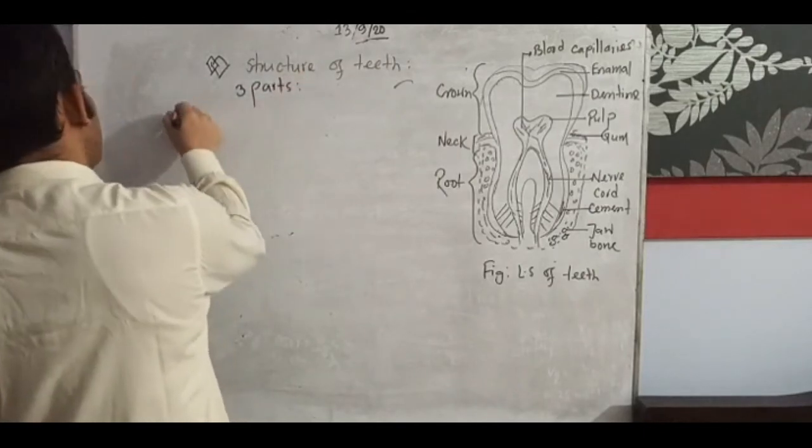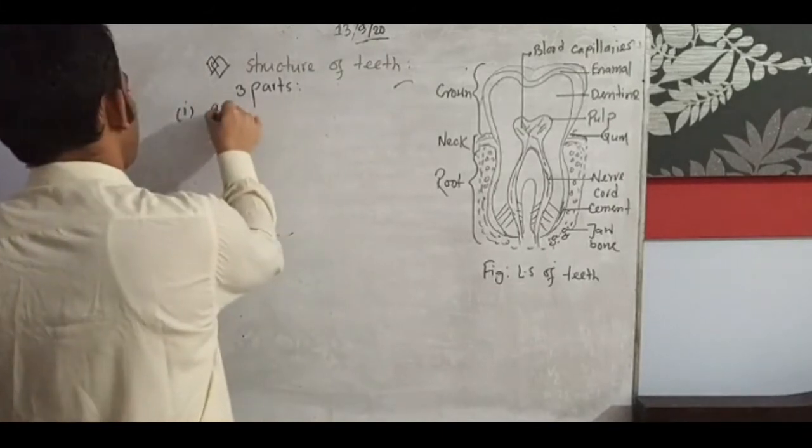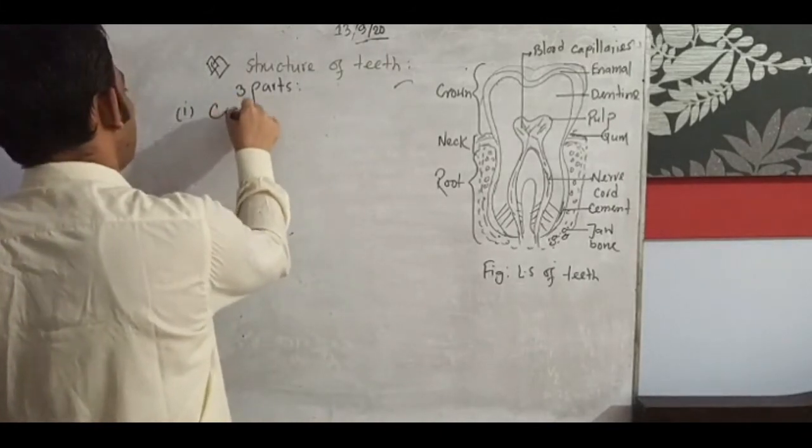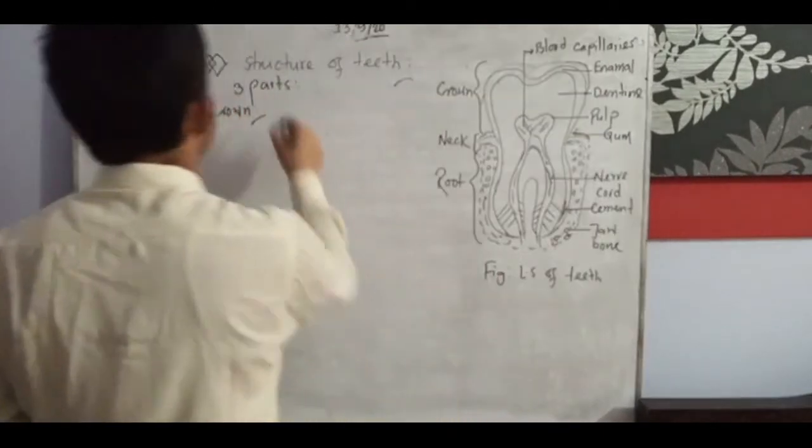Very first, number one, is the crown, the part above the gum.